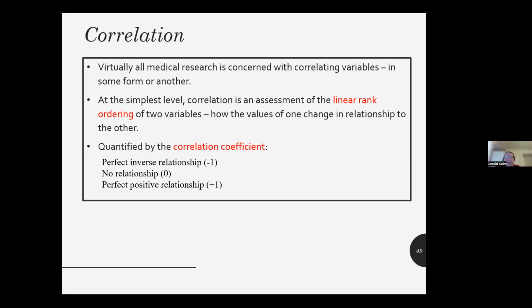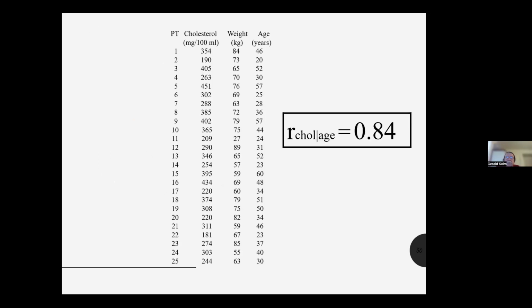So in terms of looking at a correlation from a numerical standpoint, I have data here of 25 patients: measurements of cholesterol, their weight in kilograms, and their age in years.